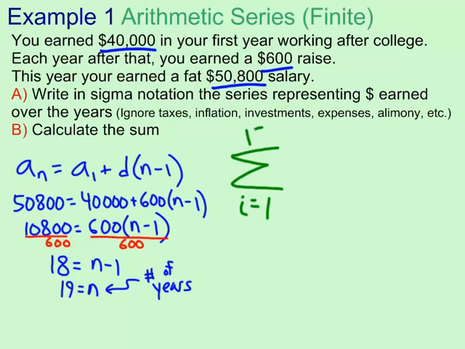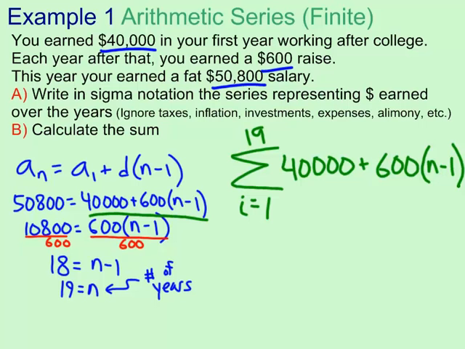That's why I didn't want to use n down below. But I'm going to put 19 here because I know what this n value is. And again, instead of putting a sub i like I did on the previous slide, we actually have enough information for an explicit rule. So I'm going to put that instead. I've said in the past that I don't mind if you just leave that unsimplified. There are actually some advantages to leaving it unsimplified, one could argue. So I'm cool with it. And that is part A.